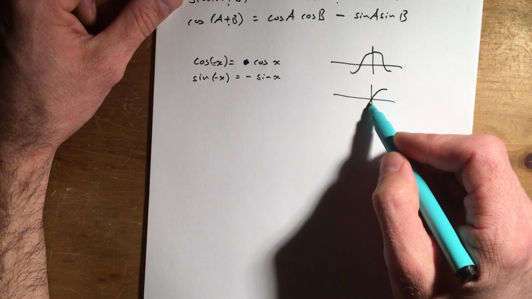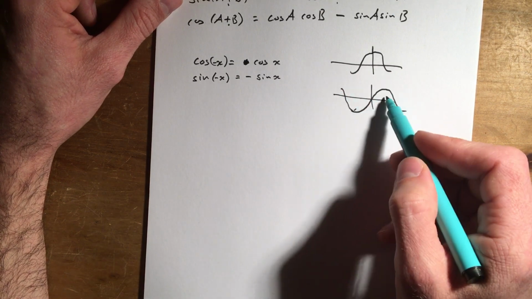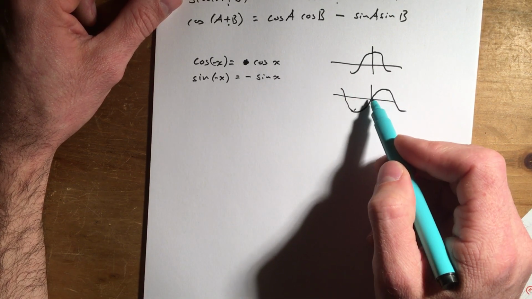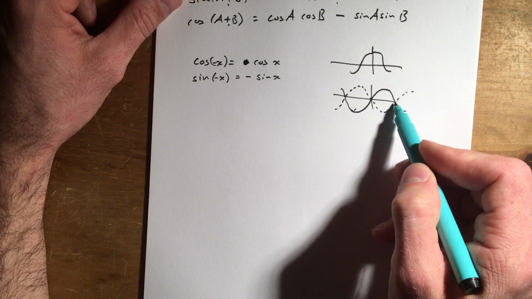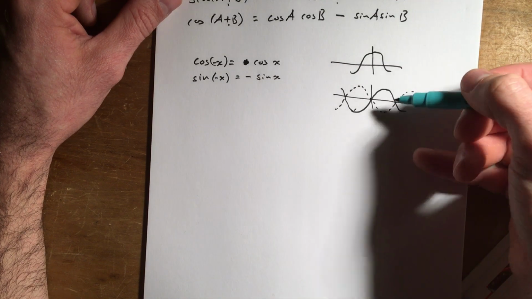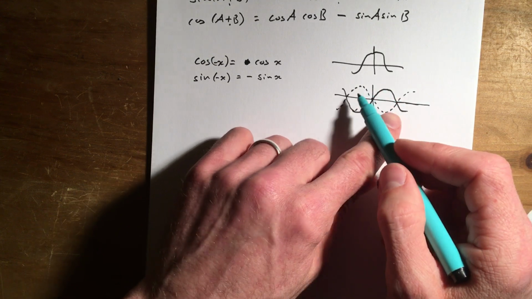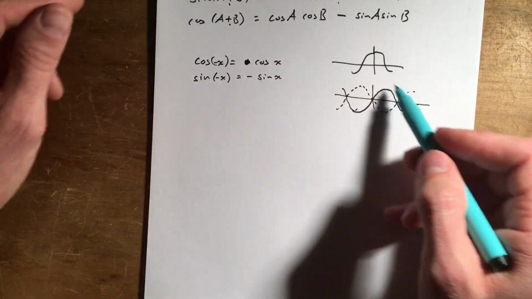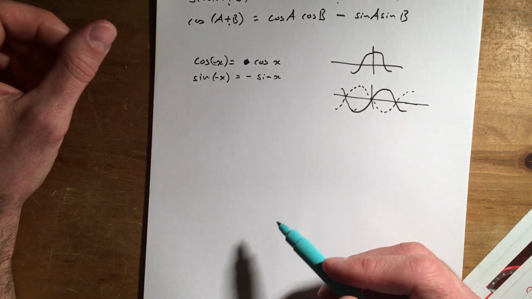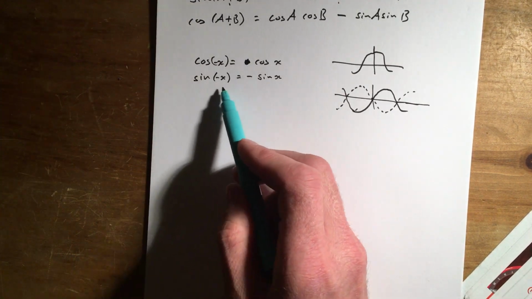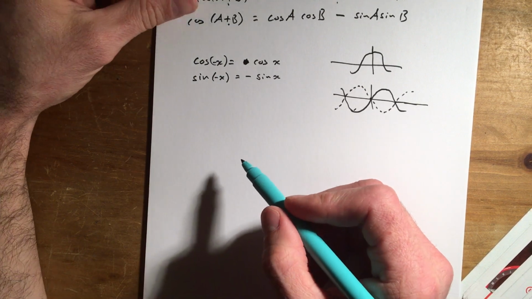If we think about the sine graph, sine of minus x, if you reflect the sine graph in the y-axis, then you end up with this dotted line, which is the same as the sine graph, but we need to reflect it in the x-axis as well. So if I take the sine graph, reflect it in the y-axis, and reflect it in the x-axis, then I end up with the sine graph back. In other words, sine of minus x equals minus sine of x. This is a reflection in the y-axis, this is the reflection in the x-axis, just from graph transformations.